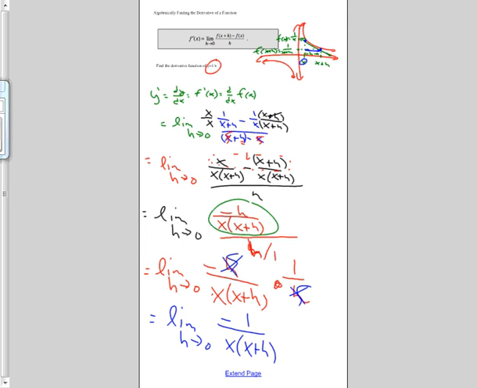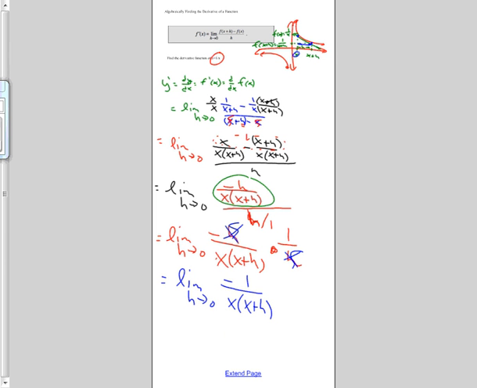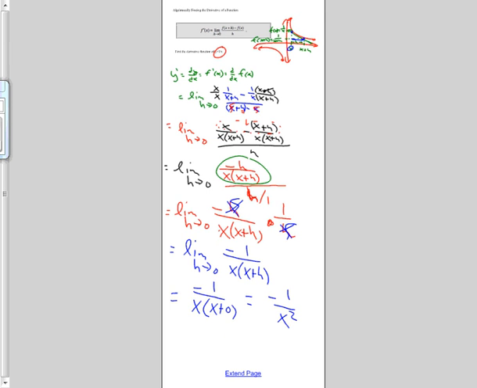Because, let's see that. As we let h be 0, we've got negative 1 over x times x plus 0. This just simplifies to negative 1 over x squared. And we're not dividing by 0 here, so it's okay. So we just found that the derivative function equals negative 1 over x squared.